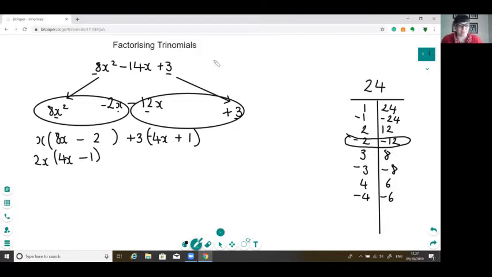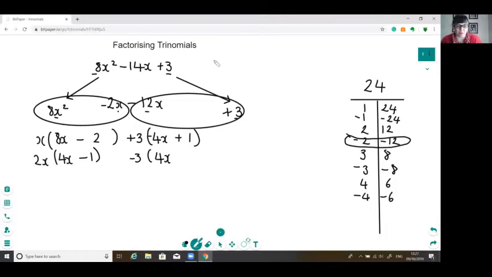Now, I can see I've got something similar going on now. If I reverse this so that I have a minus on the outside and a positive 4x here, I can just change these. Oh, not a 4, a 3. I can just change these signs around so that I have a positive 4x on the inside.